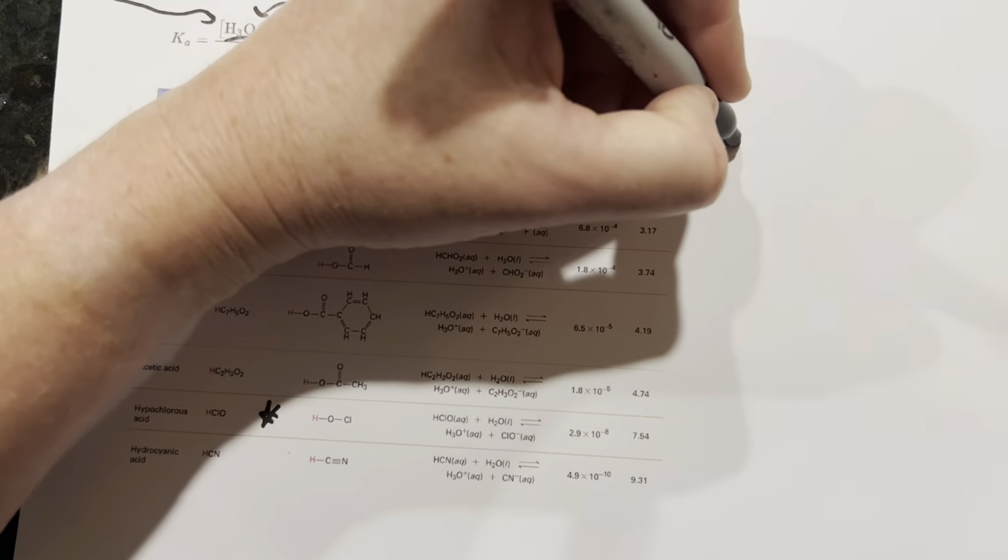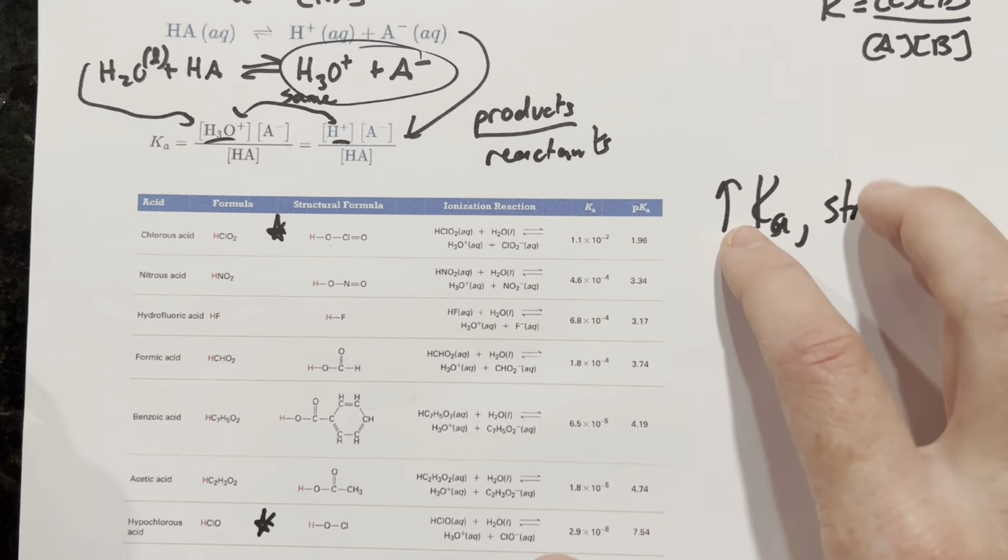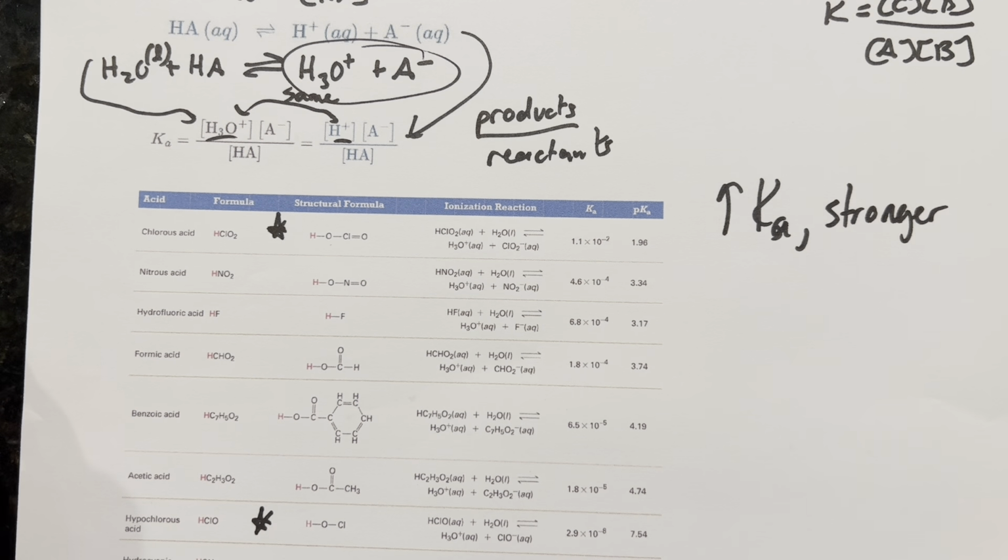It's creating more products over here, and if it creates more products, that means it's going to be stronger. So if we have a high Ka, we have a stronger acid. We'll talk about the p in a little bit, but this pKa is the negative log of the Ka. And what that does is it also helps us determine strength. The pKa is generally a lot closer to, for example, the pH that maybe that thing produces. So a decreased pKa means a stronger acid.